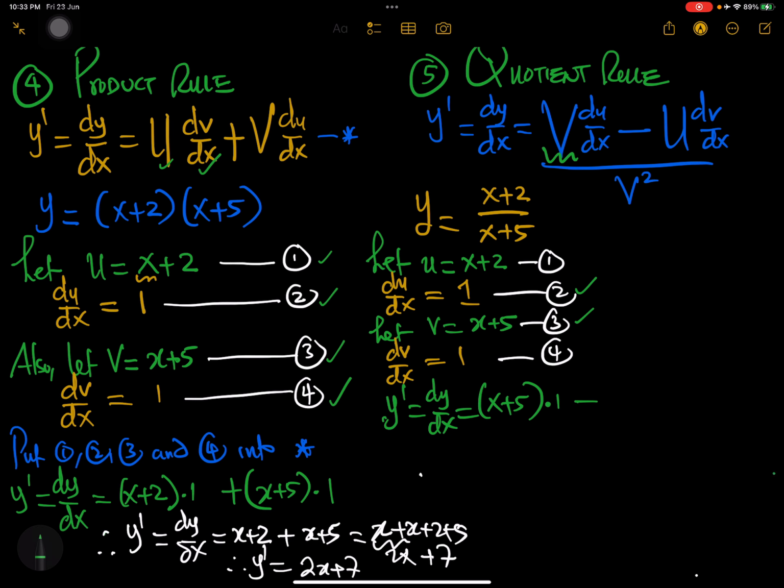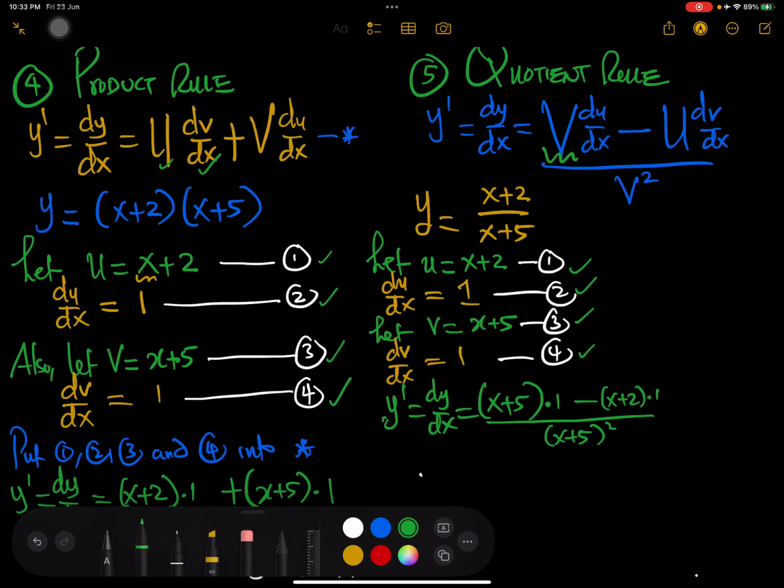Our u there is x plus 2, equation 1, multiplied by dv/dx, which is our equation 4, 1. And then we are going to divide everything by v squared. But what is v squared? Our v from equation 3 is x plus 5, squared.